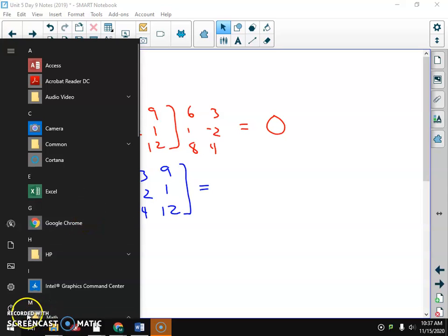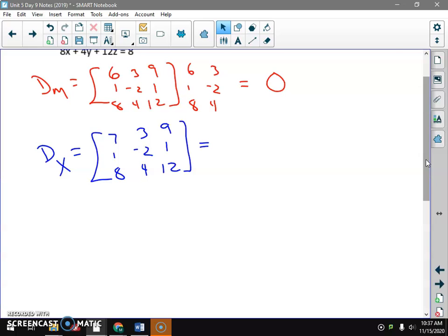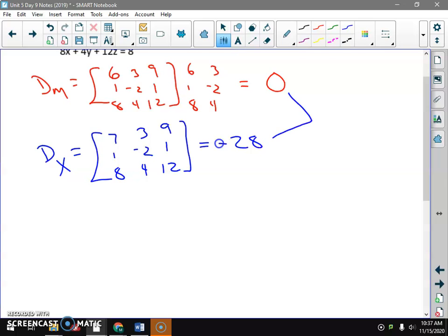No, maybe not. Can't seem to get my calculator today, so I'll just go through by hand. That determinant is negative 28. I can stop right there. I don't need to go any further. Why? Because if I have my main 0 and one of the others is not 0, that means no solutions.